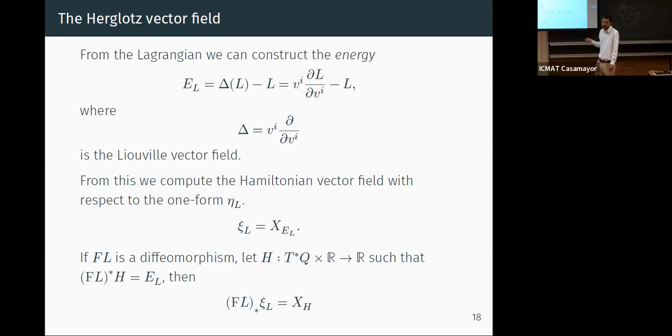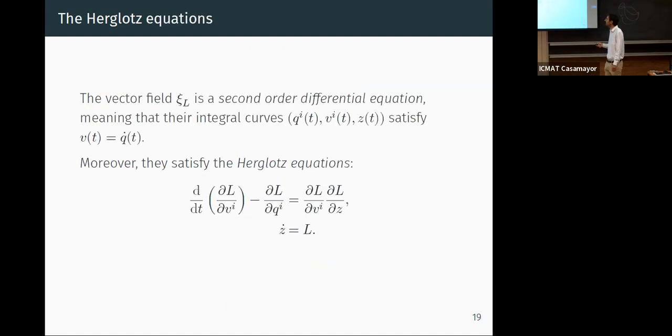And if the Legendre transform is a global diffeomorphism, then it takes a Hamiltonian into this energy function. The equations of this vector field will be taken onto the Hamiltonian vector field on the cotangent bundle.